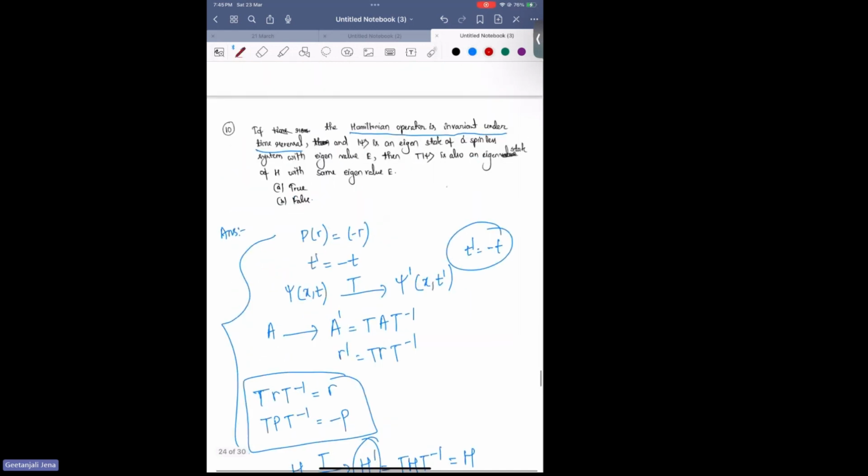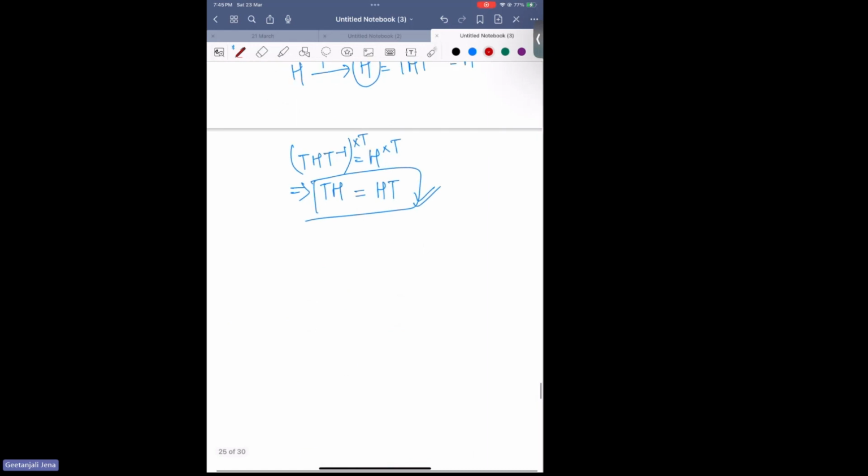So let us see what is given in our question. The Hamiltonian operator is invariant under time reversal and psi is an eigenstate of a spinless system with eigenvalue E. It is asking whether T psi is also an eigenstate of H with the same eigenvalue or not.